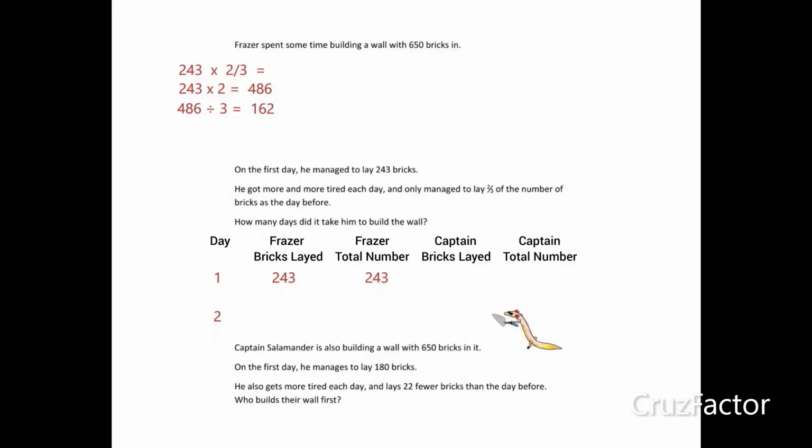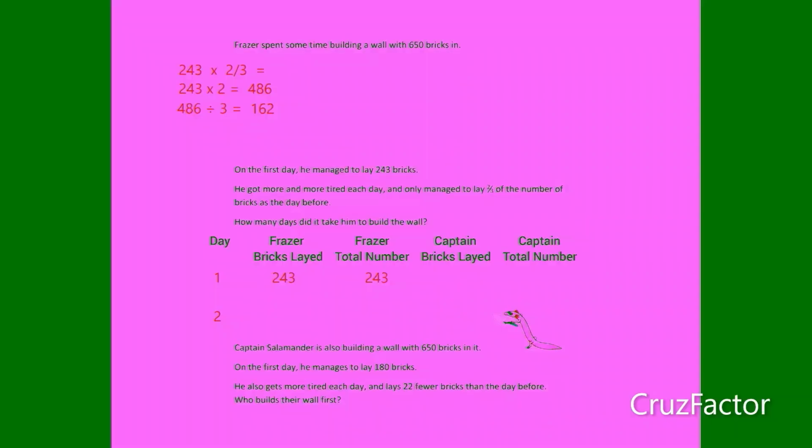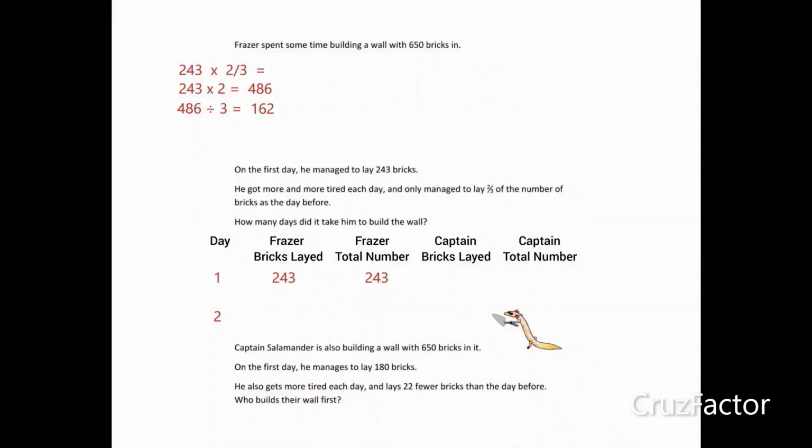So now I know that on the second day, he laid 2/3 of the amount that he had laid down the day before. So if he put 243 bricks down for day one, and he put down 2/3 of that for day two, the answer is going to be 162 bricks.